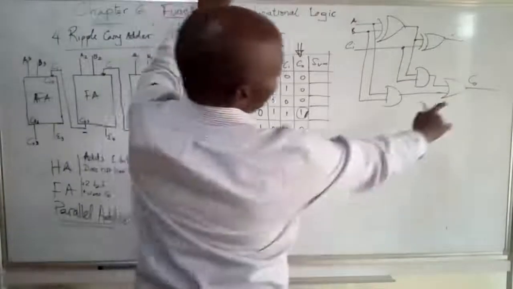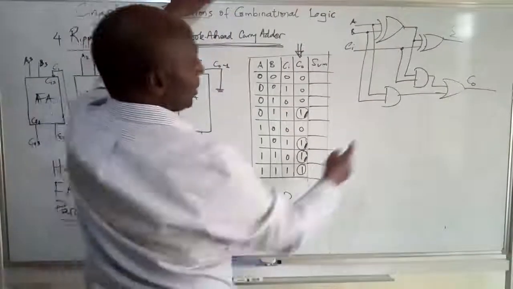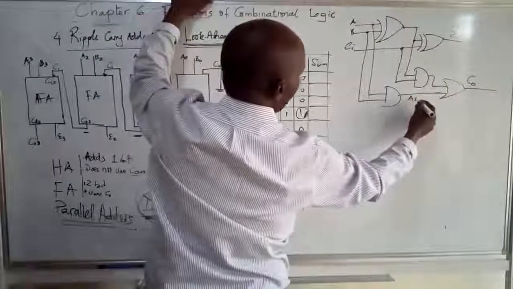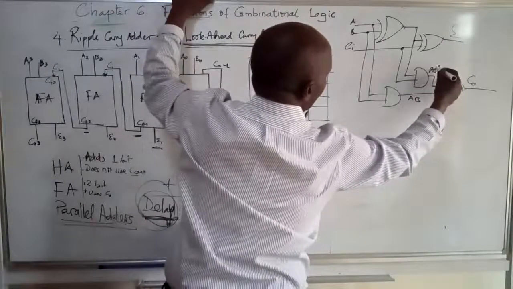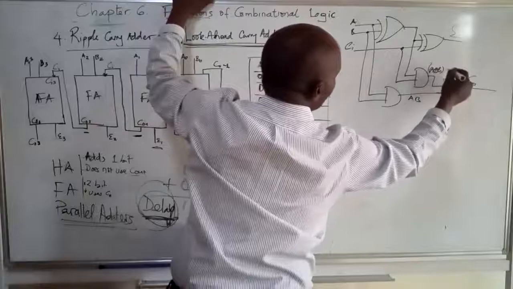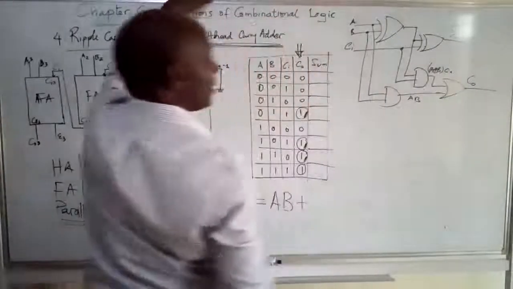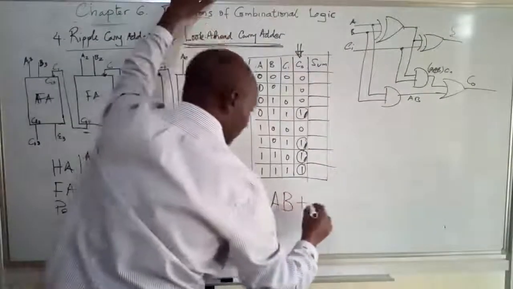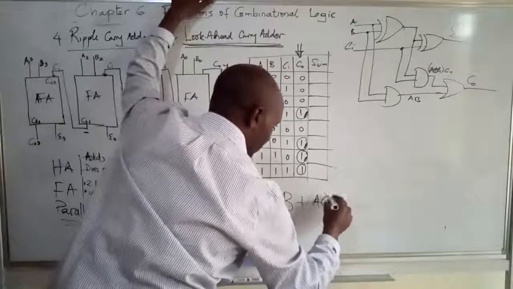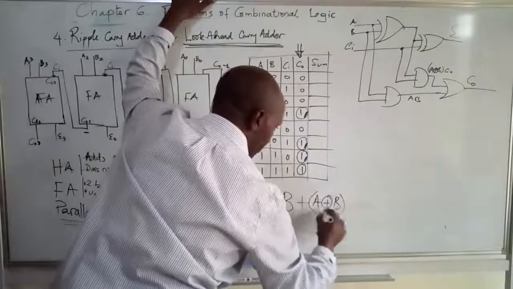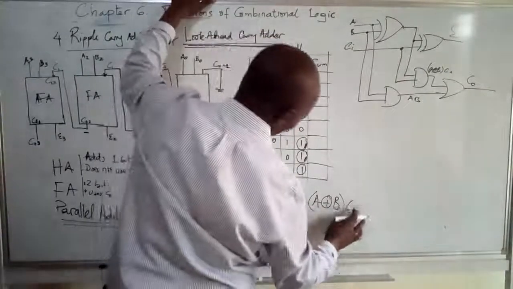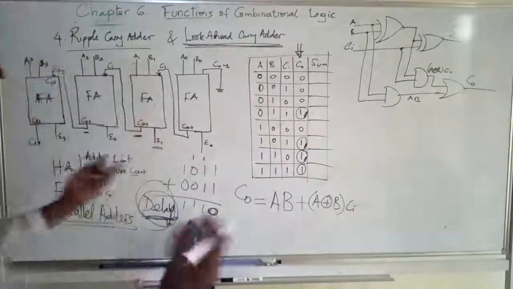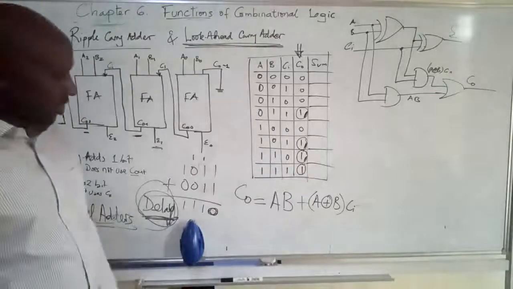So as you see, the carry out is equal to AB, this is A XOR B, exclusive OR B, C in. Good. So the carry out is A C in or CI. It's the same. C in, CI, same. It depends on the notation you have.